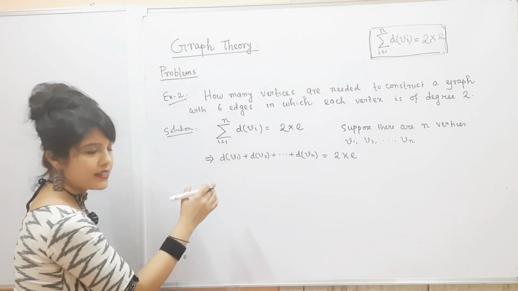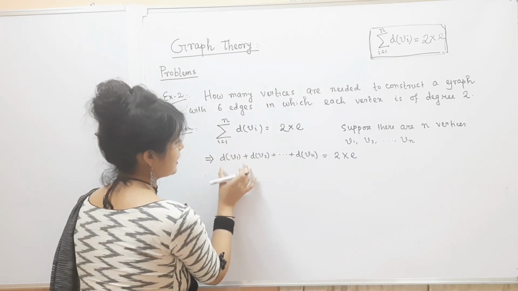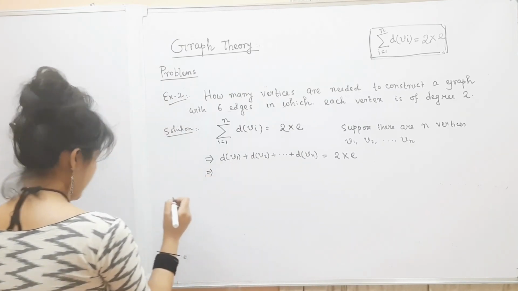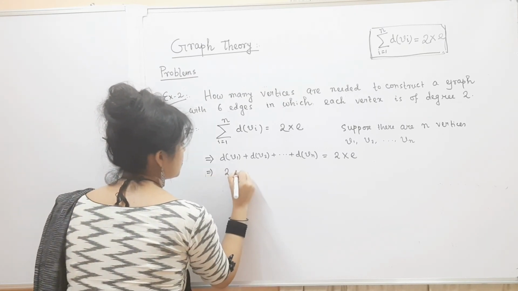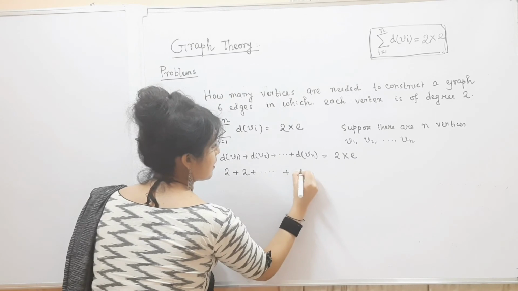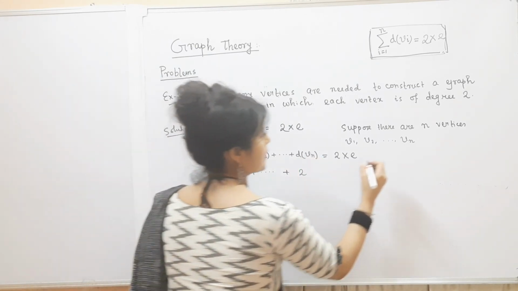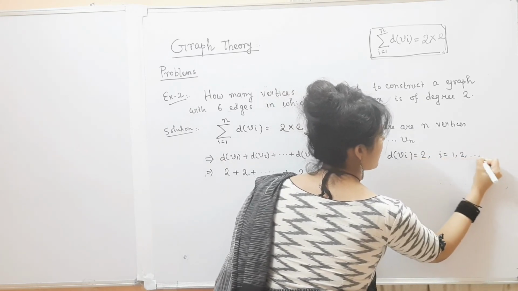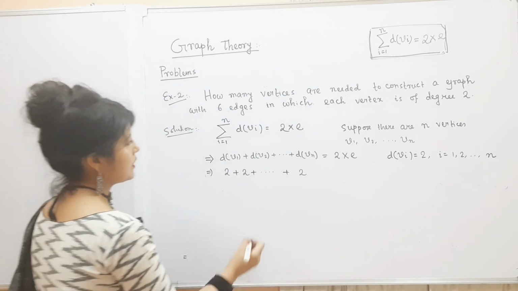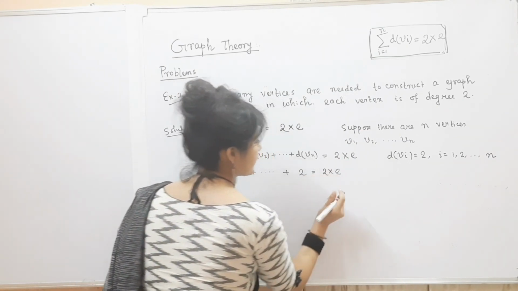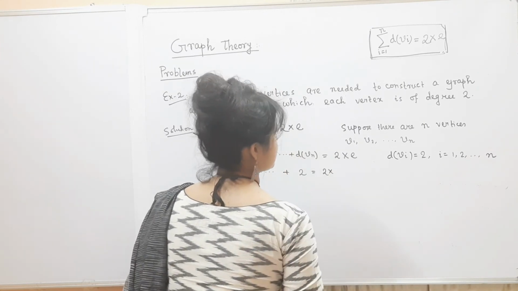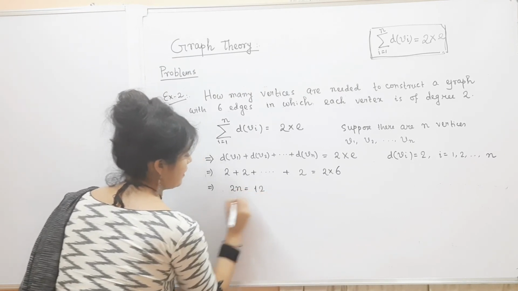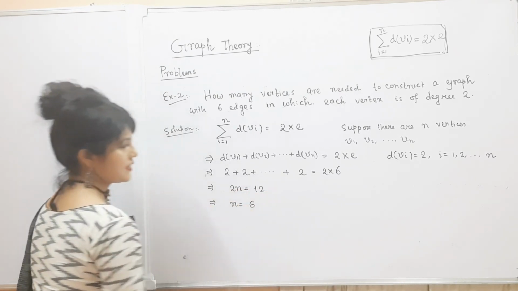This is written in the summation form and here I have written it in a plus form. Now each has degree 2, therefore you can write it as 2 plus 2 and so on, n times, because it is already given that the degree of Vi is 2, for i equal to 1 up to n, okay. That is equal to 2 into E. Oh sorry, E is the number of edges, that is 6, okay. So therefore 2n equals 12 and n equals 6, okay.